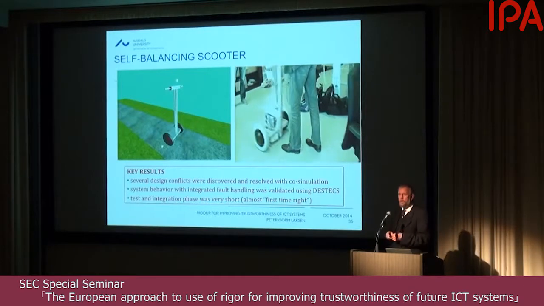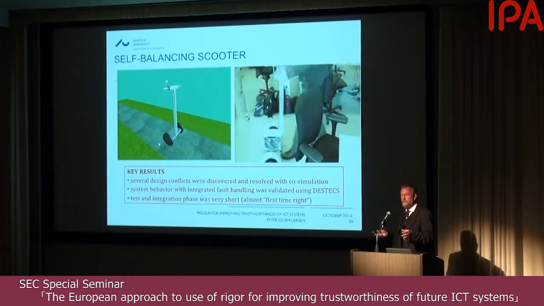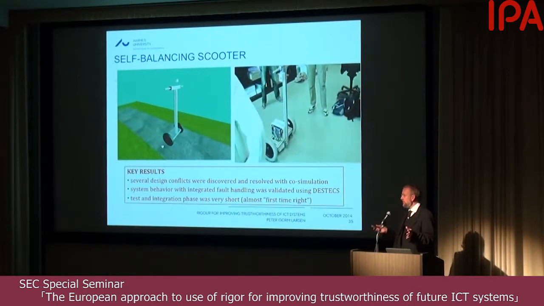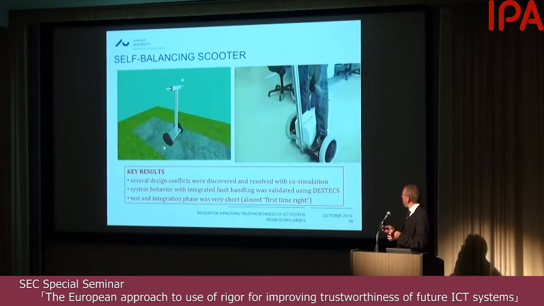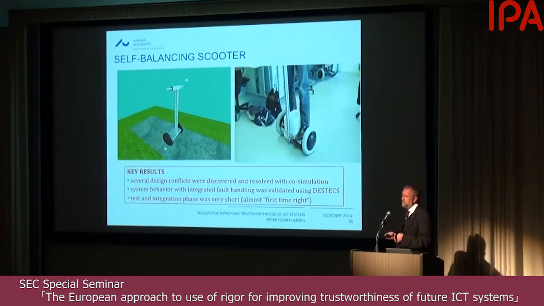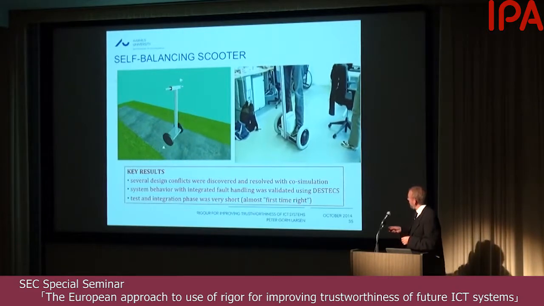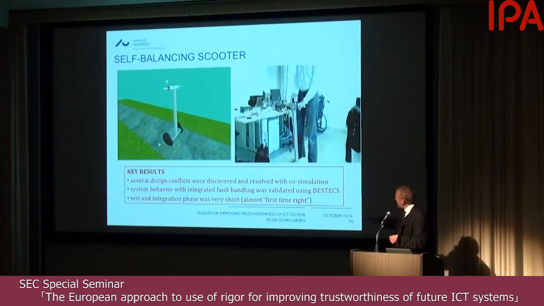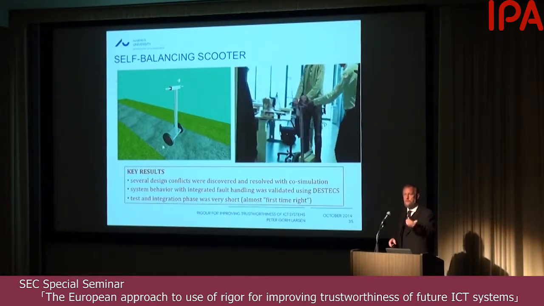This gives other complications. The whole point is that the technology here enables you to do a trade-off analysis. You can try out different things in this virtual environment before you commit to prototypes such as these ones. Here, they discovered several design conflicts by using this collaborative simulation.